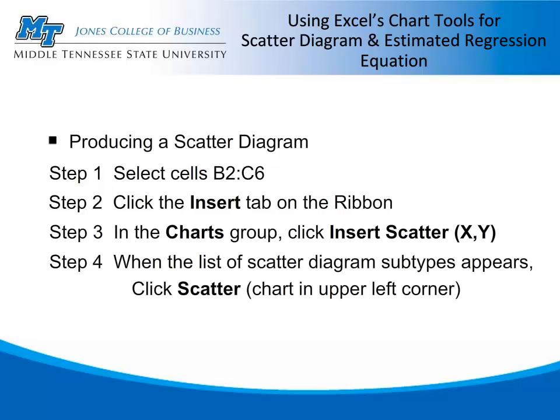The next 3 slides show the steps for producing a scatter diagram in Excel. It's using the data for the TV ads and the number of cars sold. Steps 1, 2, 3, and 4 here are selecting the data, going up and picking the particular chart. You want the scatter chart, and then generating an initial graph that you can edit thereafter.